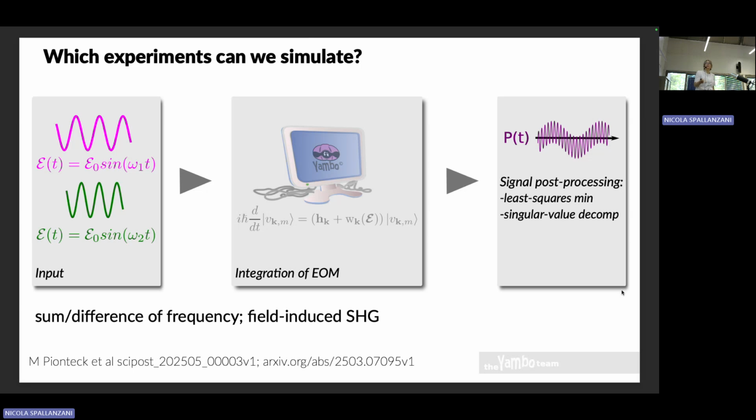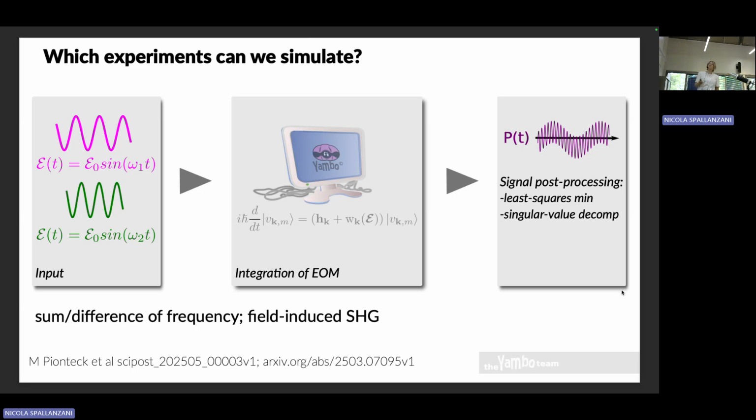Then there is something very recent that we found. You can of course have a two-color laser as an input, and then you can look at the sum or the difference frequency, or you can also look at something like field-induced second harmonic generation by a terahertz field.